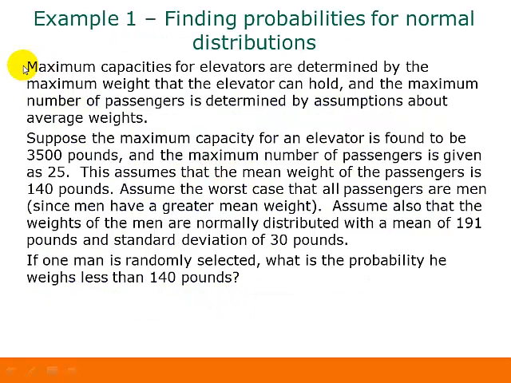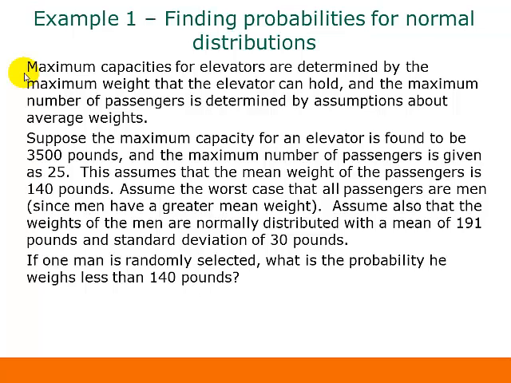So here's an example of finding probabilities for normal distributions. Maximum capacities for elevators are determined by the maximum weight that the elevator can hold, and the maximum number of passengers is determined by assumptions about average weights. Suppose the maximum capacity for an elevator is found to be 3,500 pounds, and the maximum number of passengers is given as 25.